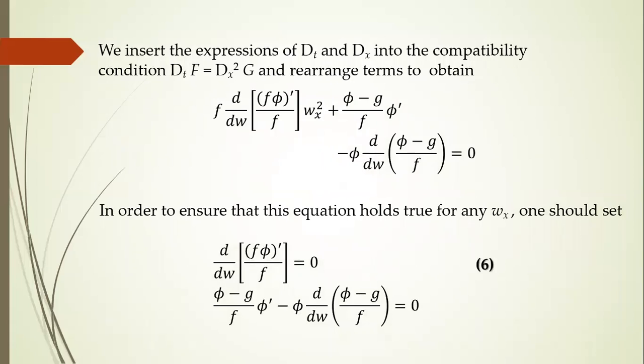We insert the expressions of D_t and D_x into the compatibility condition D_t F = D_x² G and rearrange terms.